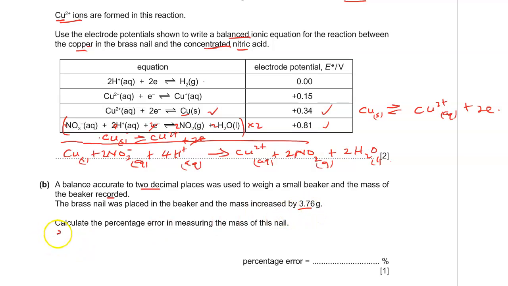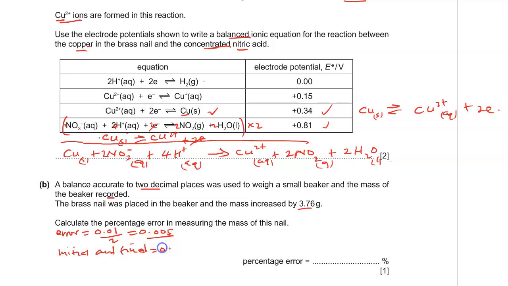So the error here is 0.01. Of course, we always divide this by 2 to get 0.005 per measurement. We have the initial and the final, so that's why we are getting this error.